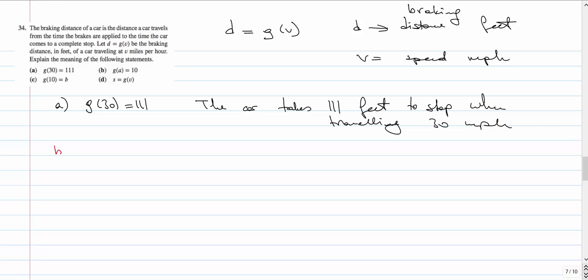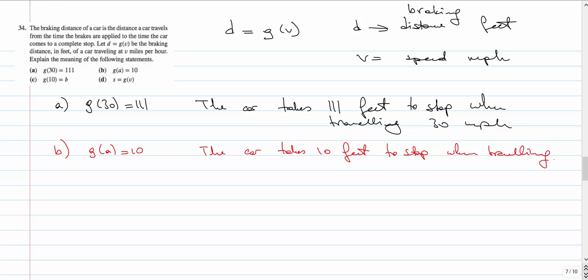B, g of A is 10. The car takes 10 feet to stop when traveling A miles per hour, whatever the A is.